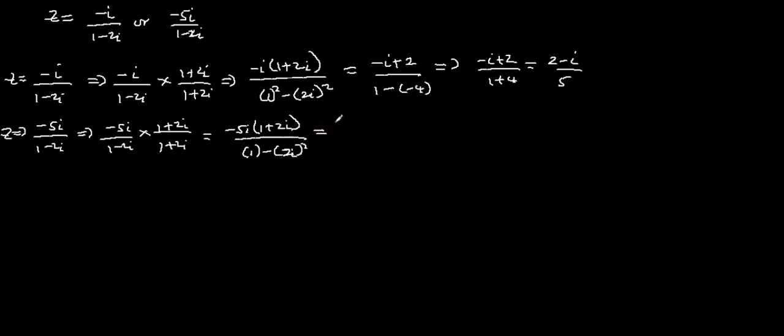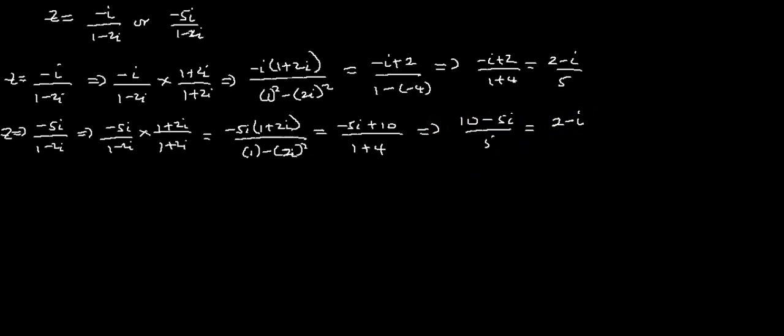So this is equal to minus 5i plus 10 divided by 1 plus 4 as usual. Then here we are going to have 10 minus 5i divided by 5. Dividing both sides by 5, we are going to have 2 minus i.